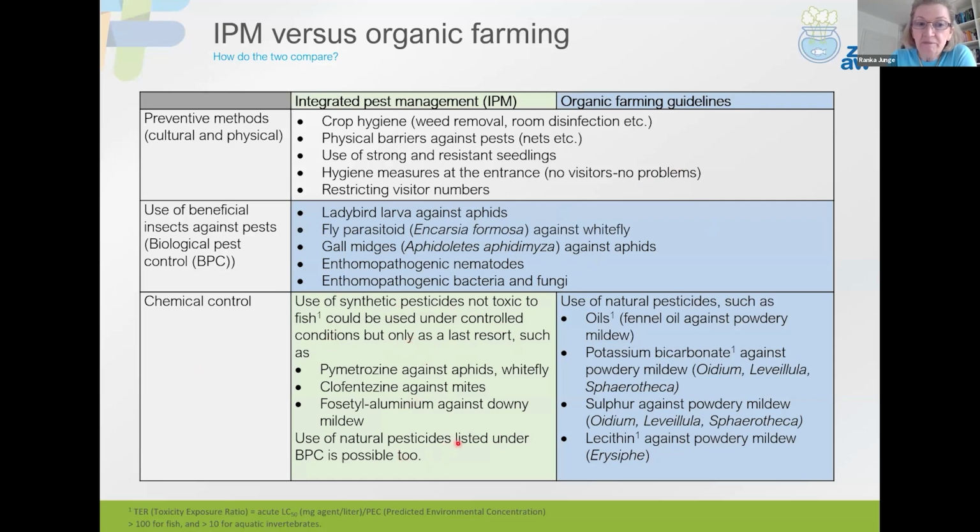And use of natural pesticides listed under biological pest control is possible too. While in organic farming, only use of natural pesticides is allowed, like oils, potassium bicarbonate, and sulfur against powdery mildew, and lecithin. However, you need to have a look at the toxicity exposure ratio. This is here in the footnotes, because you need to see the predicted environmental concentration, and today's homework will be about that.